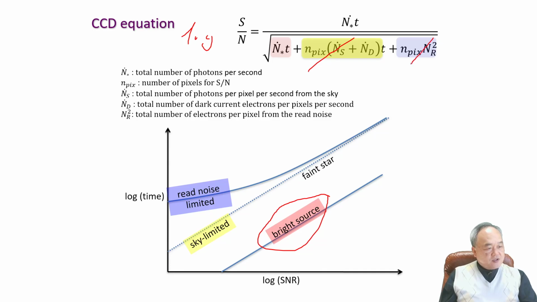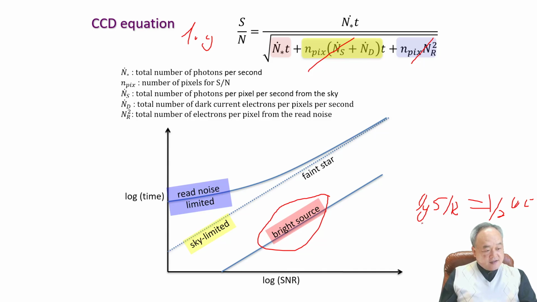The second term and the third term on the bottom are eliminated, and overall on the right hand side we have the square root of n dot t. Taking the log on both sides, you can see the log of signal to noise ratio is basically one half in terms of the log of exposure. The log of signal to noise ratio is one half log of t.